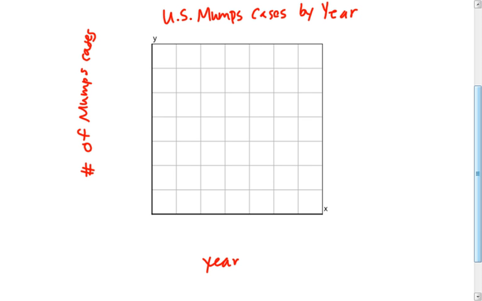If I look at just what should go along my x-axis, the years in this case, I notice that the smallest year I need to plot is 1995 and the biggest year is 1999. So I should just be able to count by ones there. You do need to scale your axis evenly though. In this case I could just go 1995, 1996, 1997, 1998, 1999, because they do all jump by 1 year.